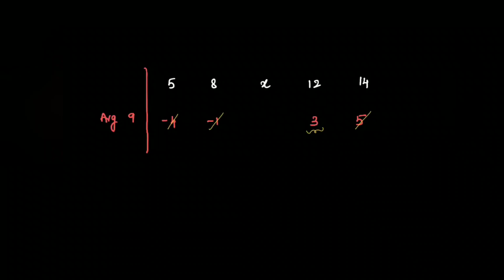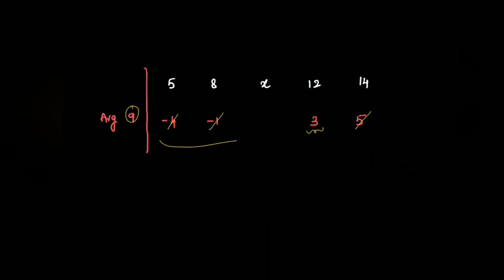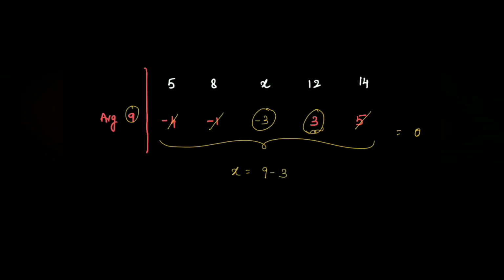But when you take the perfect average, the sum of deviations has to be 0. Now, what number do I have to take to make the sum of deviations 0? Here we are left with plus 3. Therefore, you have to take minus 3. So x is 9 minus 3, that is 6.